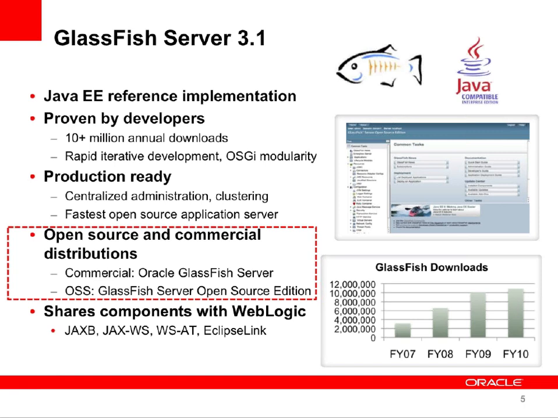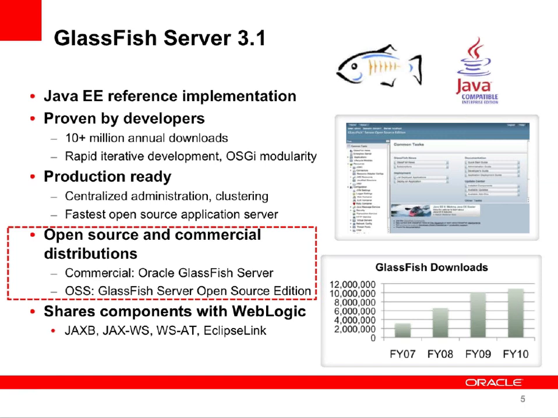Something else I'd like to point out is that there are multiple distributions of GlassFish Server. There's a commercial distribution named Oracle GlassFish Server, and there's also an open source distribution named GlassFish Server Open Source Edition. And even within those, there's multiple distributions. For example, there's the web profile and then the full distribution as well.